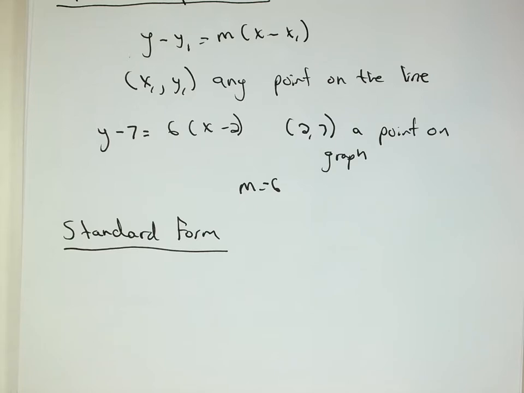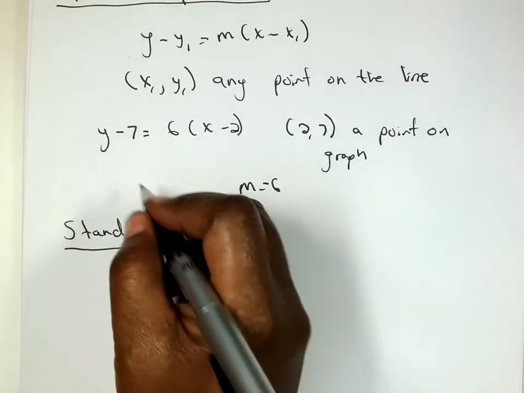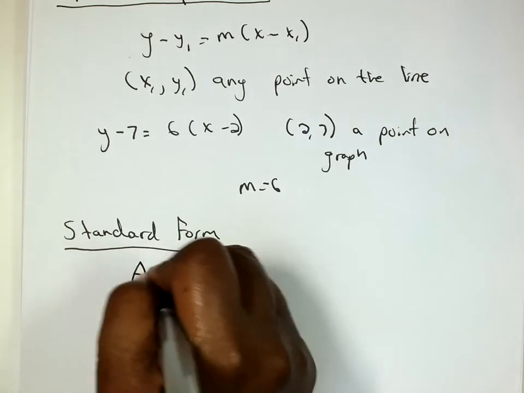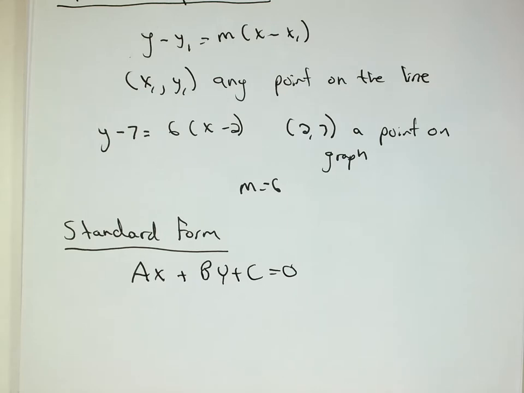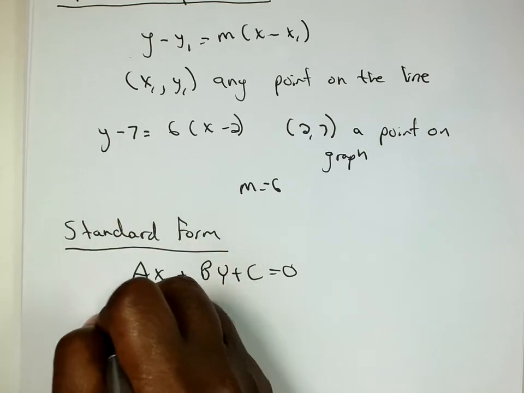And then the last form that we'll talk about is standard form, which your book really likes. So a lot of your answers, when we get into it, are going to have to be written like this. It's ax plus by equals c. Or ax plus by plus c equals 0. And there's a few things.